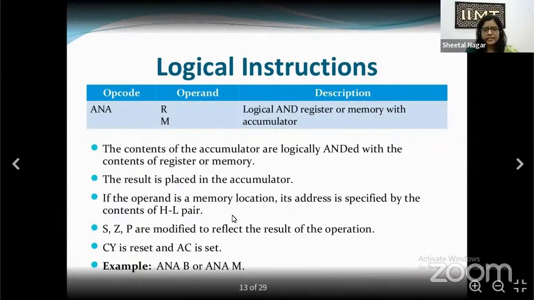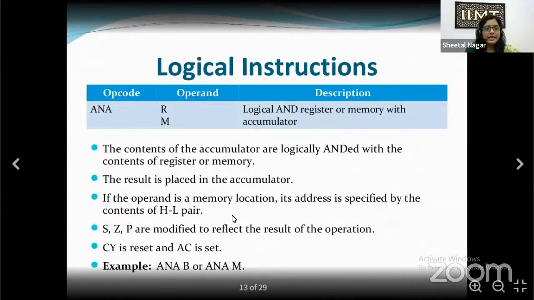After any arithmetic or logical operation, the accumulator contents will be changed. With the help of the accumulator we perform any arithmetic and logical operation, and after the execution of the instruction, the result will be saved in the accumulator only.